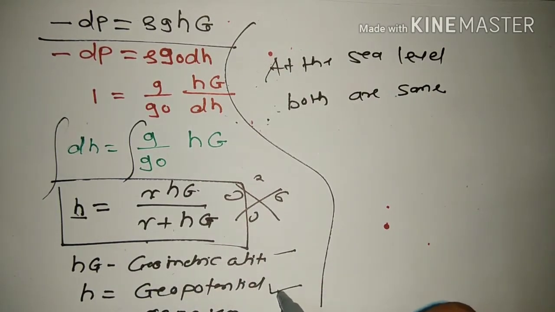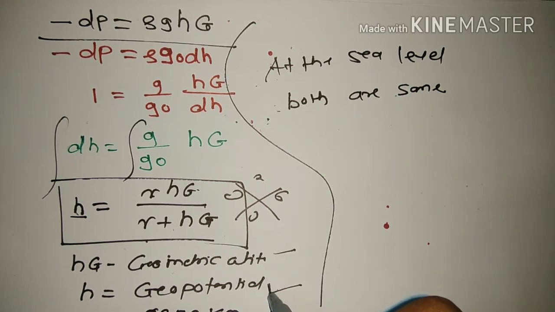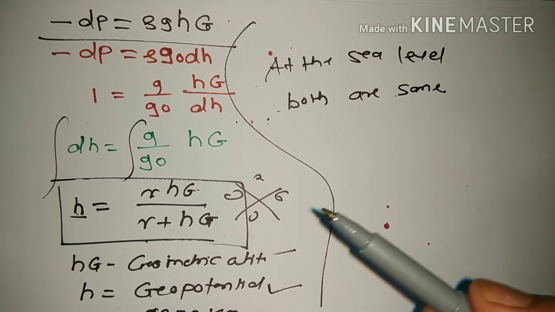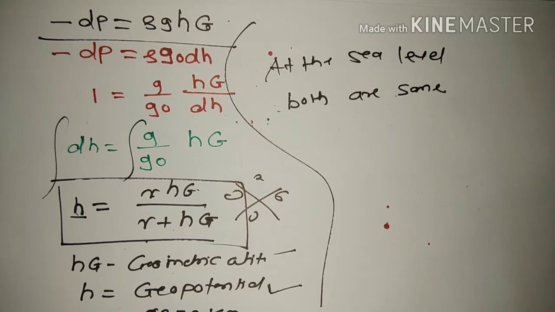Generally we use the geopotential altitude for general use, because it's easier to calculate the altitude when the gravitational acceleration is constant. So we always use geopotential altitude.